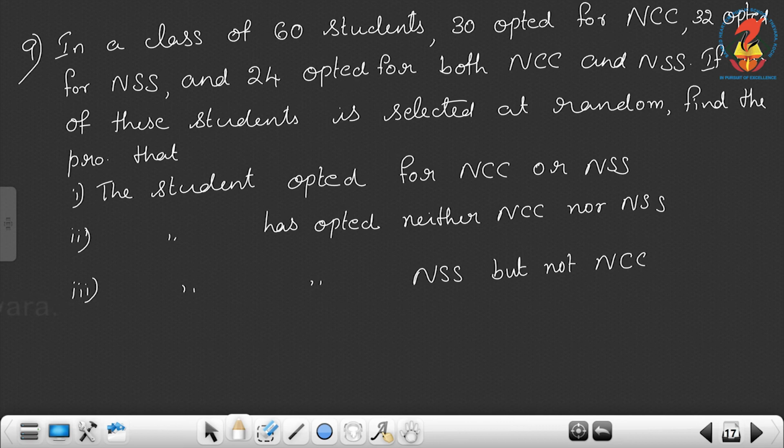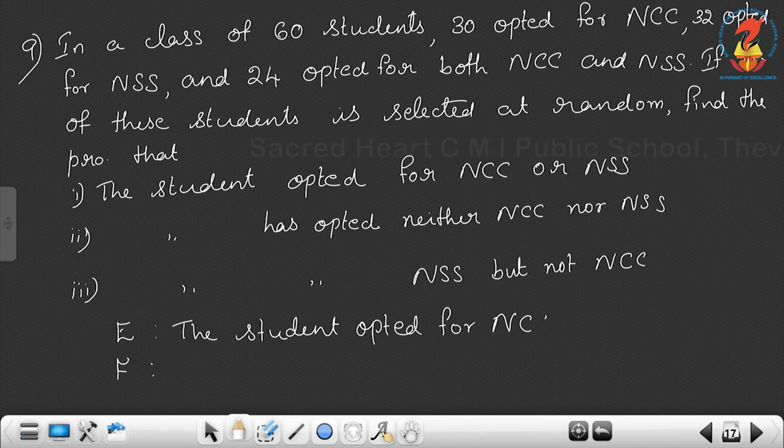So, here probability is not given, we have to write the probability. Let E be the event the student opted for NCC, F be the event opted for NSS.